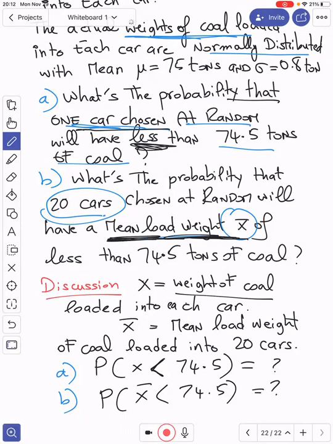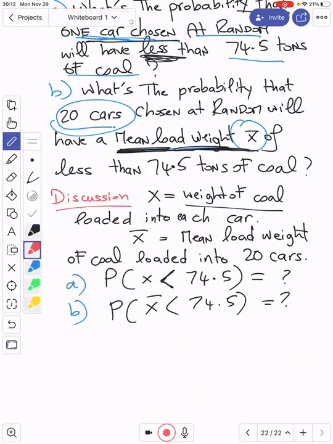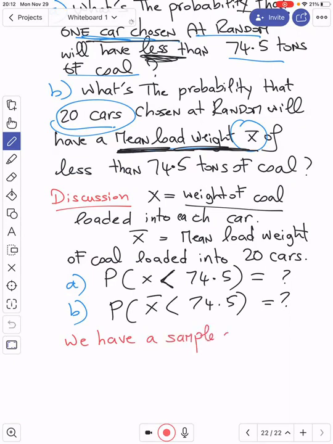So what we want is the probability that the mean load weight X bar of the 20 cars is less than 74.5. We are not talking about one car, but about 20 cars.